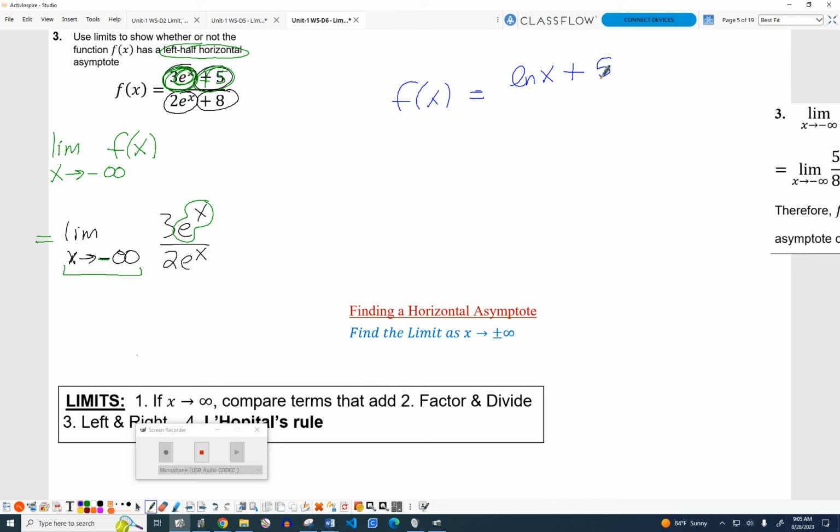If this were the example and x were approaching negative infinity, we really wouldn't be able to do anything because you can't plug in a negative here. The natural log of a negative is undefined. So they probably won't even ask it. We just have to say there isn't anything on the left half. There's no horizontal asymptote, there's no function, there's no nothing, because you can't take the natural log of the negative.